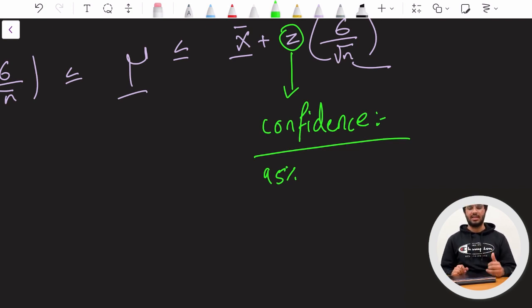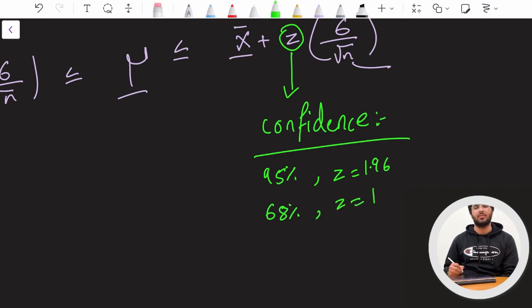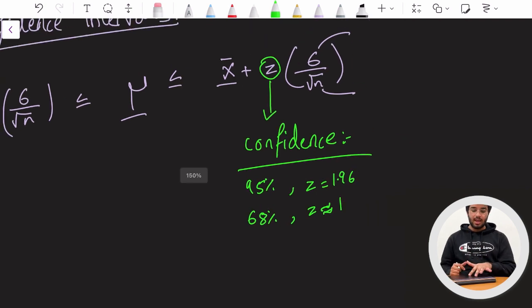I personally prefer saying that we are 95% confident that the true mean lies in a given range, okay? When that is the case, Z is equal to 1.96, okay? And for example, if you want to be 68% confident, that's not very good, but Z equals 1, okay? Approximately Z equals 1. So you can see how Z changes, and as the confidence gets bigger and bigger, Z gets bigger and bigger. As the confidence gets smaller and smaller, Z gets smaller and smaller.